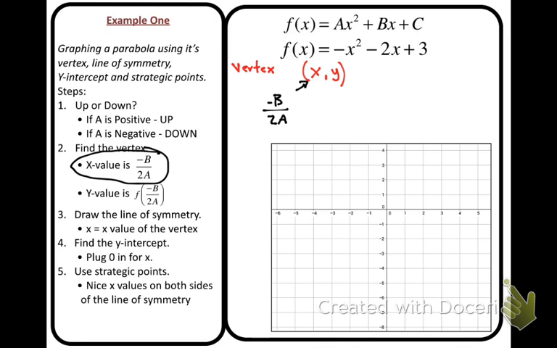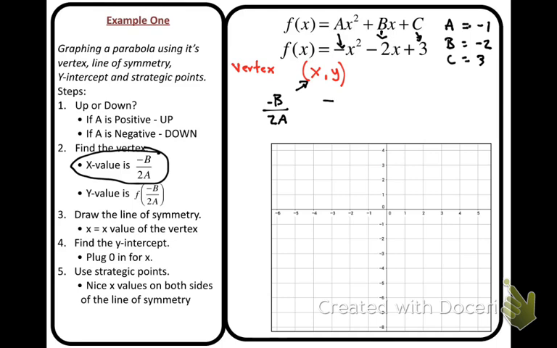Now, plugging it in. Right? So remember, just to make it a little more clear, we have a, we have b, and we have c. A is -1. B is -2, and C is 3. Okay, now plugging it in to find the vertex.